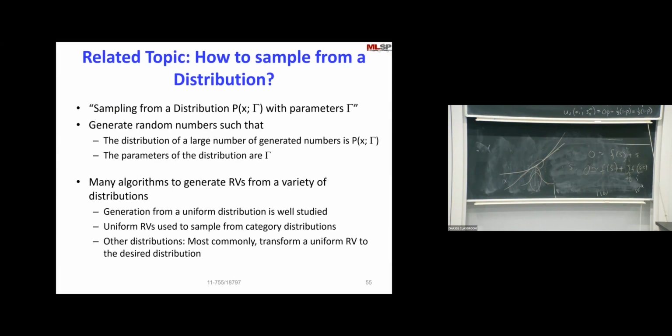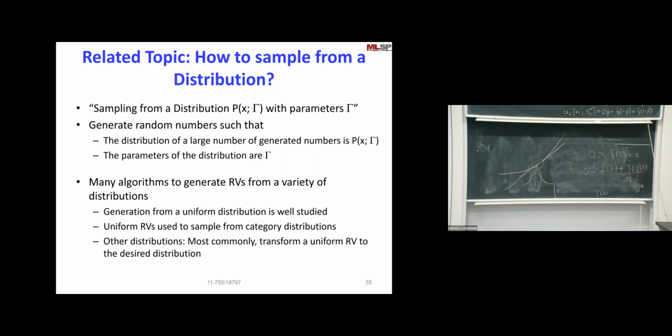Okay. What do we mean by sampling from a distribution P of X? You want to generate random numbers such that if you generated an infinity of these numbers and plotted their normalized histogram, the normalized histogram would have the same shape as the probability distribution that you're sampling from, right?